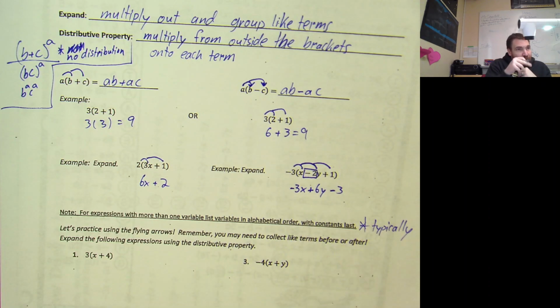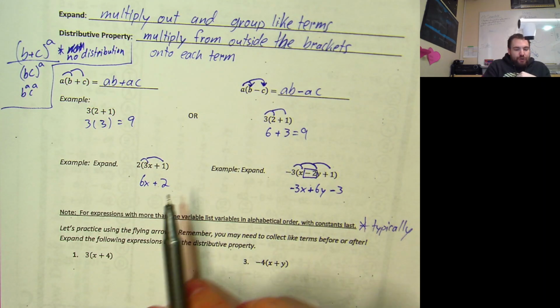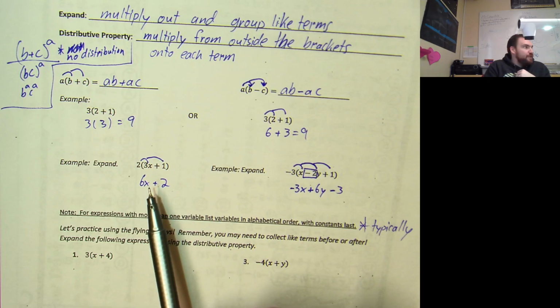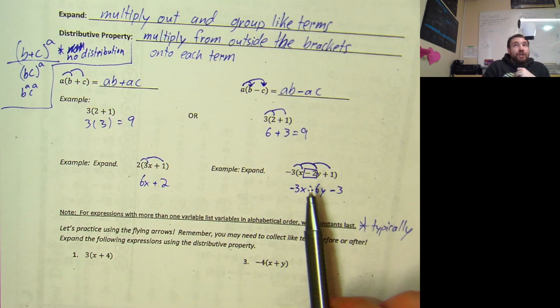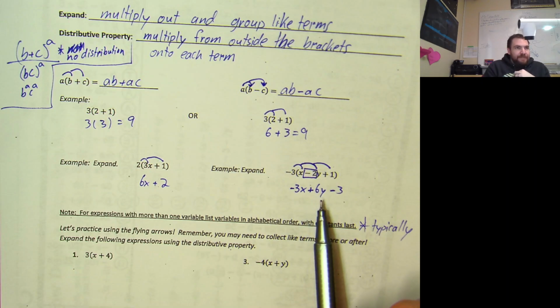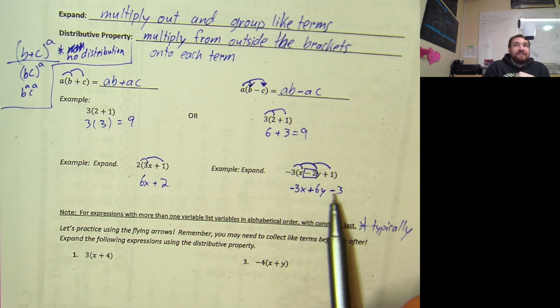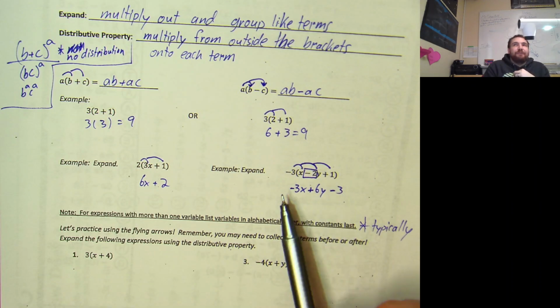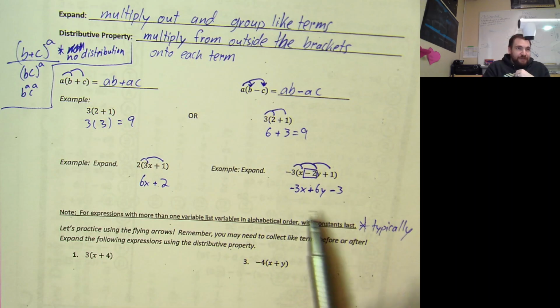But what we don't want to do typically is we don't want the constants to be in the middle, buried in. You could write this as 2 plus 6x or 6x plus 2. But you would not write this thing as negative 3x minus 3 plus 6y. Either you would have this guy at the front as negative 3 minus 3x plus 6y, or you'd have it the way we've written it here. You don't throw constants into the middle of things. Cool?